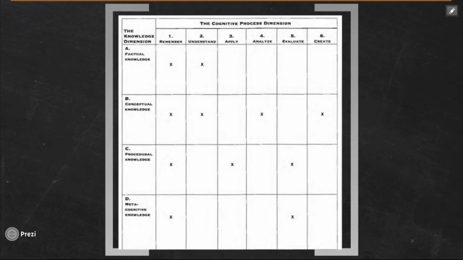In the last part, part D, we can see here metacognitive knowledge, when the student or the teacher uses assessment or evaluation just only in the remember activity and evaluate activity in the learning process. So this is only in the metacognitive knowledge.